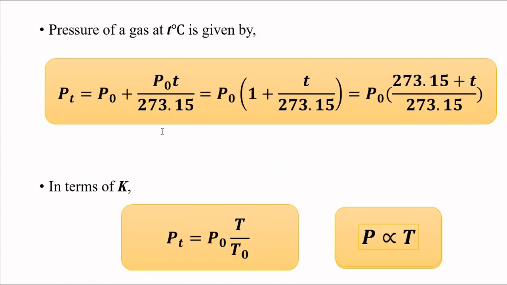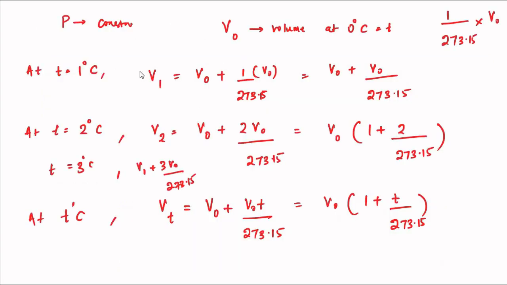So we can express it in this way. Same principle as I have done here, but instead of V we will substitute P, that is pressure. Everything else is the same.